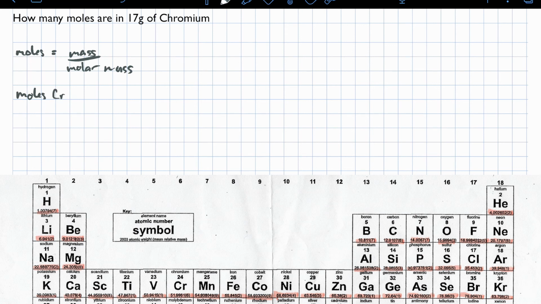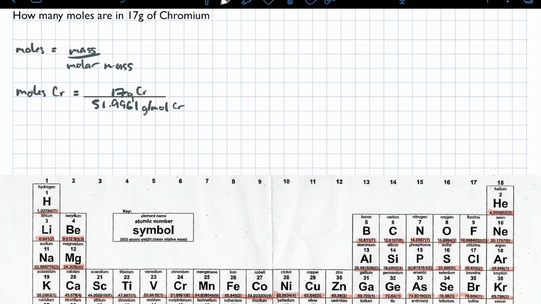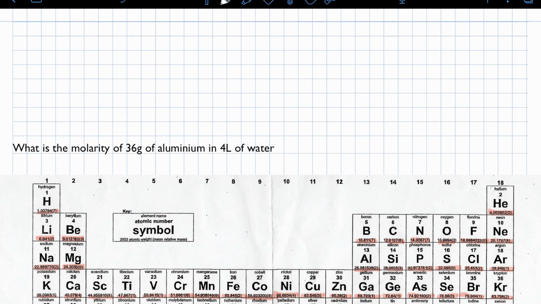So the moles of chromium would equal 17 grams of the sample divided by 51.9961 grams per mole. And remember, that's the molar mass of chromium. Your final answer should roughly be 0.33 moles of chromium. And that's after sig figs, of course.